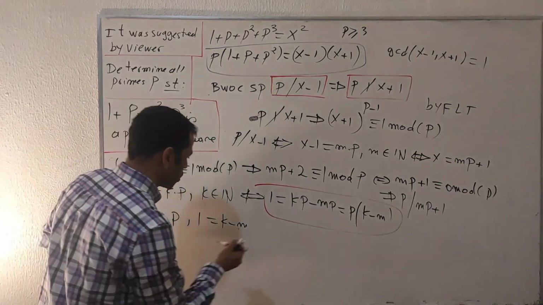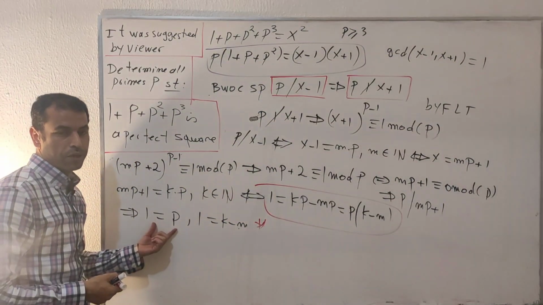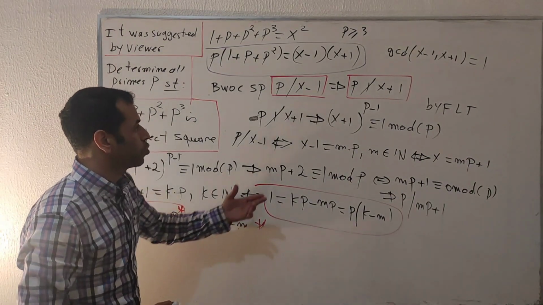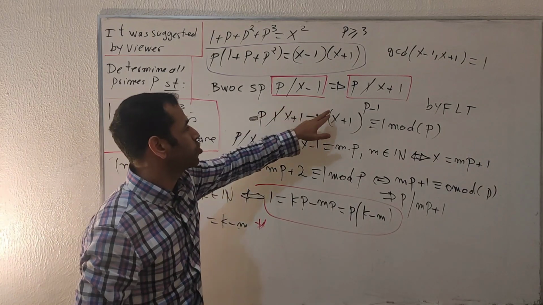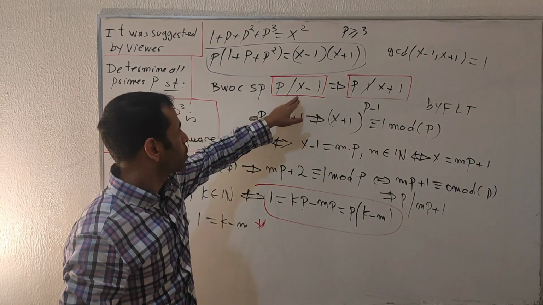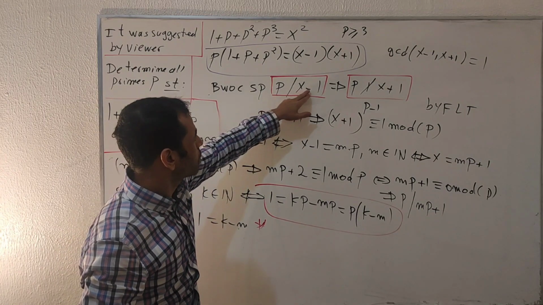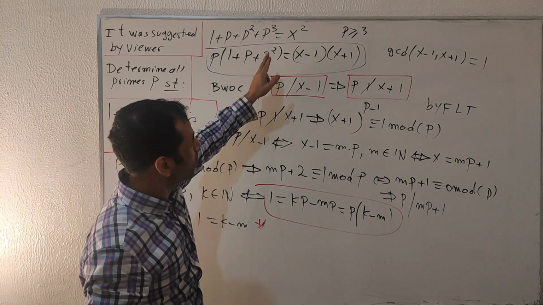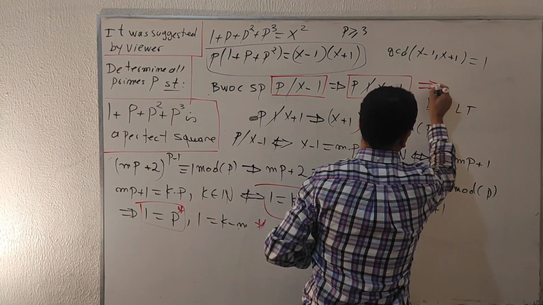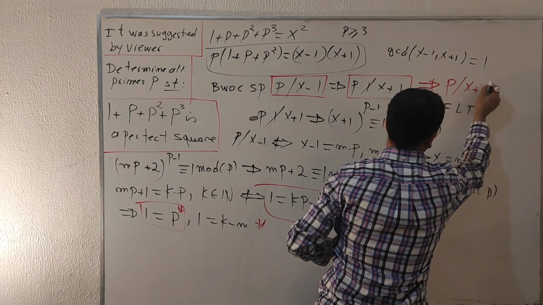It's clearly a contradiction because p is an odd prime. p cannot be equal to 1, okay? Where we have contradicted our assumption. The assumption that we have chosen was not true, okay? What does that mean? That means p does not divide x minus 1, but p divides x plus 1.